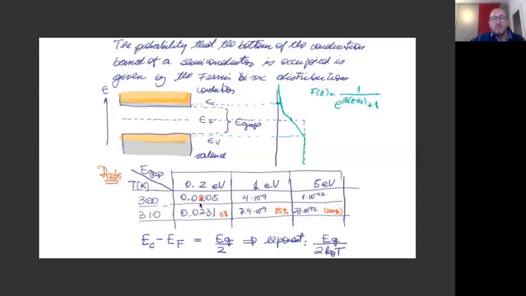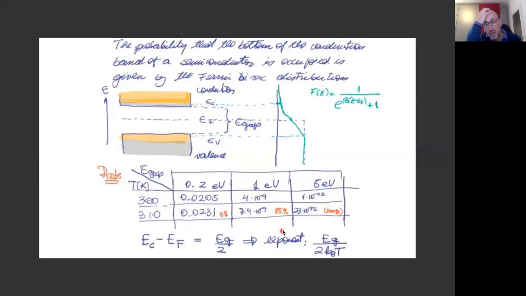This is about 0.002 probability that you will find an electron here. If you raise the temperature by 10 degrees, what does it mean, increasing the temperature? It means that this thing becomes flatter, so the height here is higher. This is reflected here.